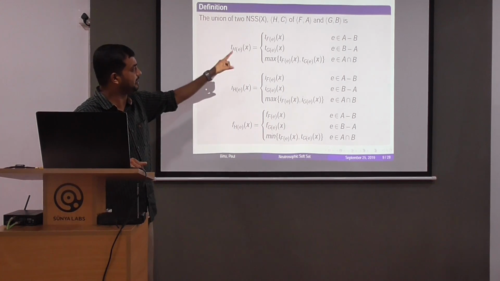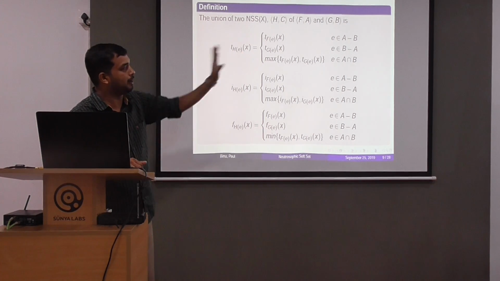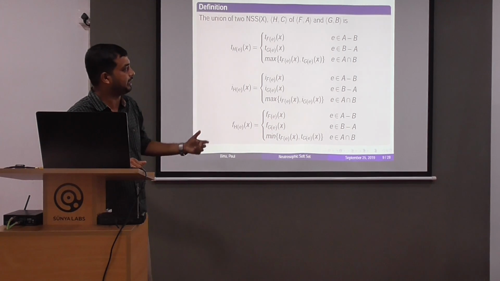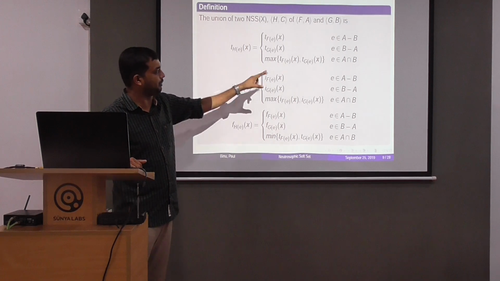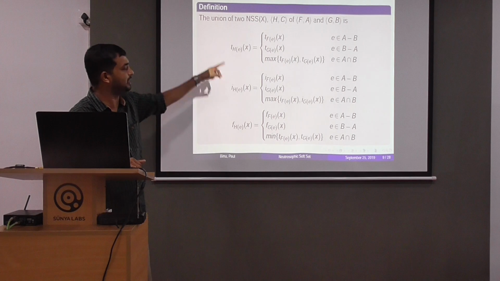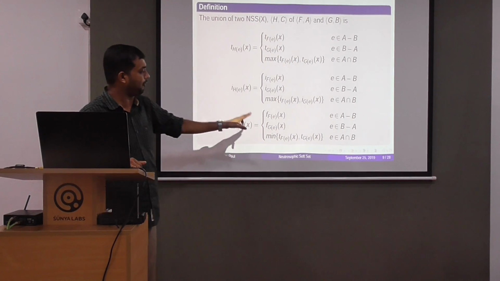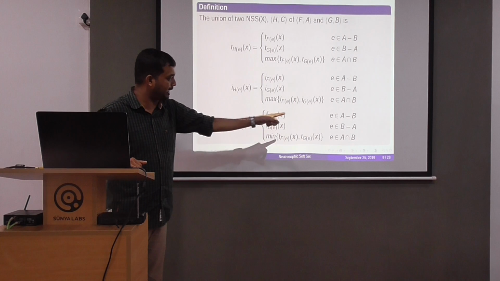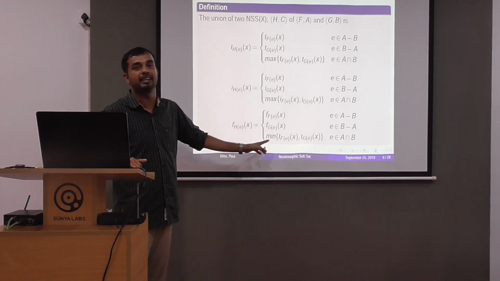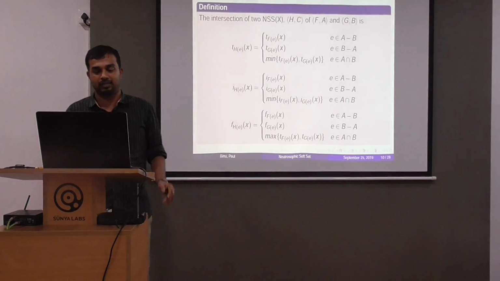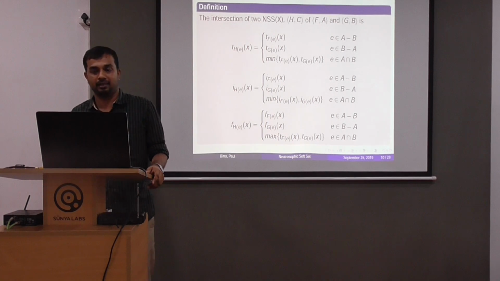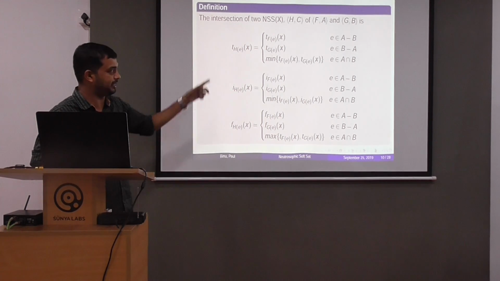It is defined as T of F of E of x if E belongs to A minus B, T of G of E if E belongs to B minus A, and if E belongs to A intersection B we take the maximum of these. I is exactly the same as T. F is F of E of x if E belongs to A minus B, the same if E belongs to B minus A, but with one difference: if E belongs to A intersection B, we take the minimum. Next, the intersection of two Neutrosophic subsets, H of C, is defined with T, I and F like this.